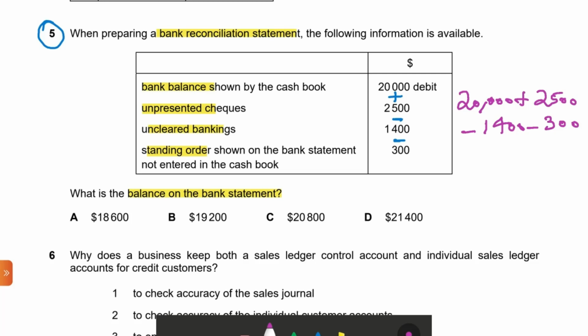So how much does it come to? Options 22,500, 22,300, 20,800. The correct answer is answer C. Next, question number 6.